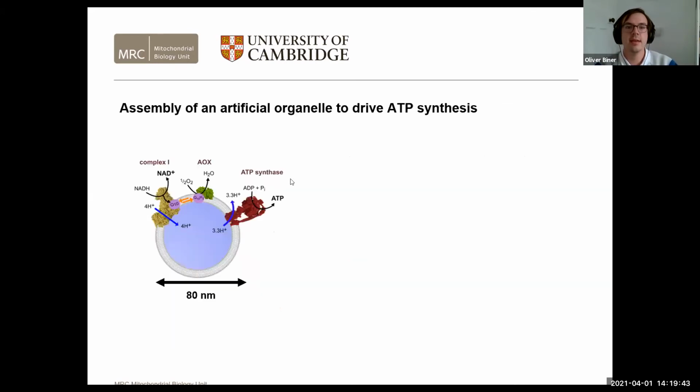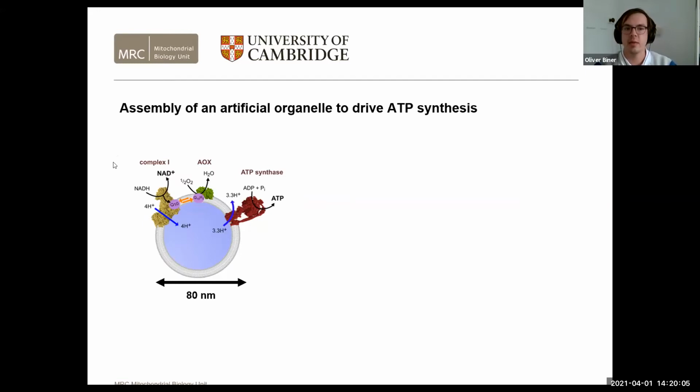So what I have been doing, I produced a synthetic organelle that is able to drive ATP synthesis. So this is like a minimal oxidative phosphorylation chain. You start with complex 1. So I have isolated complex 1 from cow hearts.